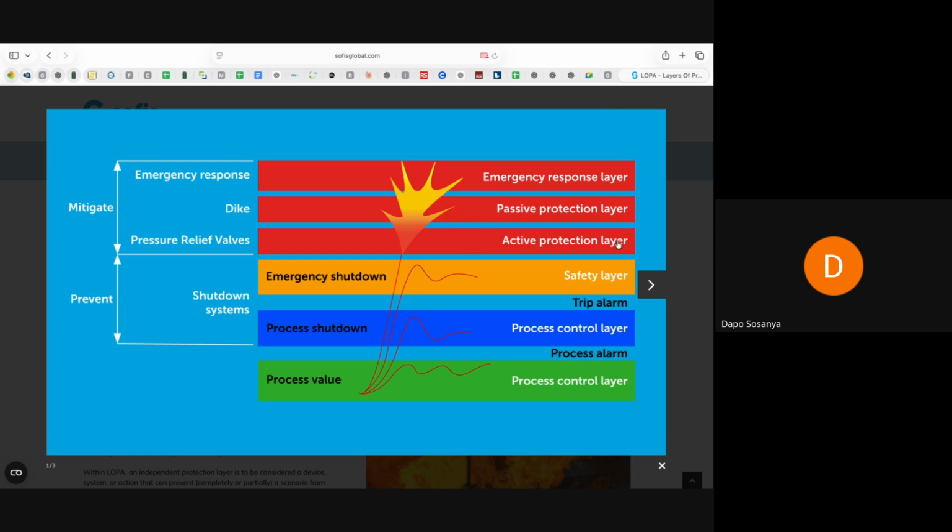Active protection layer, things like pressure relief valves, your PRVs and your PSVs, and then passive protection layers. So you have your dike and your bund wall. For example, in petroleum storage tanks, you will see that they built a wall around it. That wall, its size and volume, wasn't built arbitrarily, it was calculated.